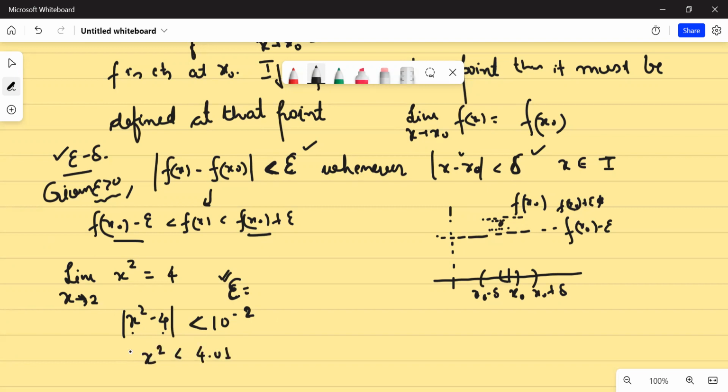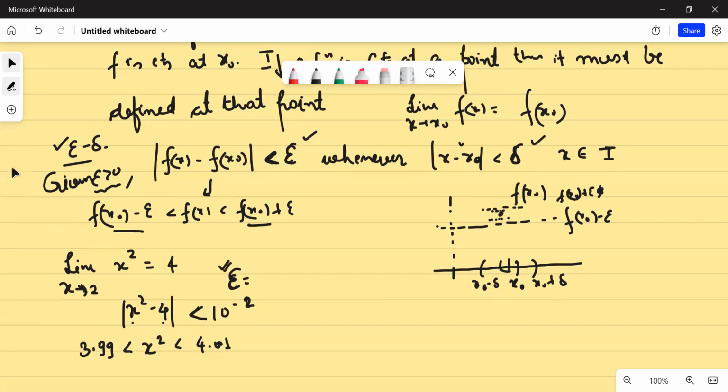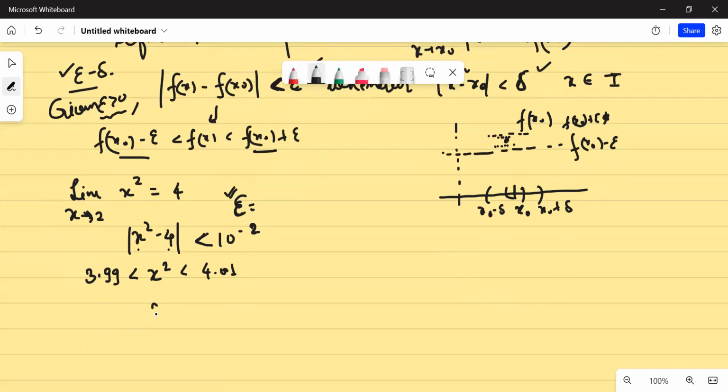I will say it implies that x square would lie between 3.99 and 4.01. Is that clear? Yes, sir. Okay, and then I will take the root on both of the sides. So here, x should be less than root over 4.01.